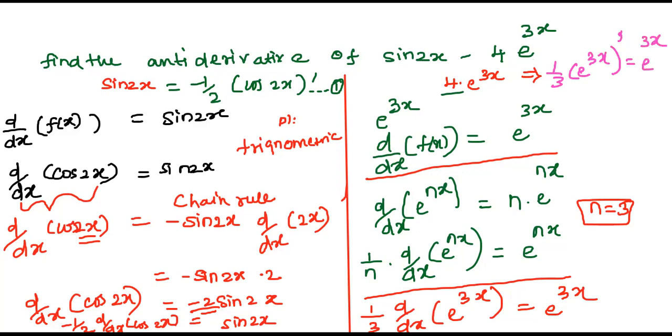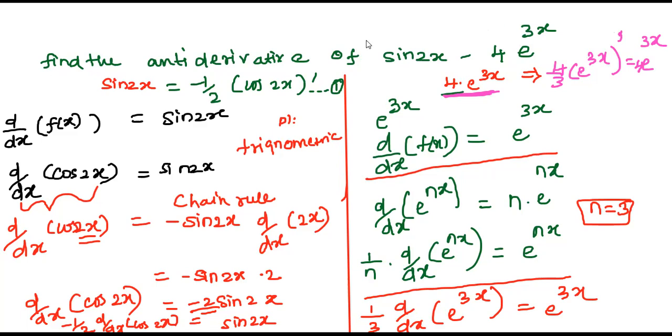The antiderivative of e power 3x is 1 by 3 e raised to the power 3x the whole dash. Okay. And we do have to multiply this by the constant 4. If I'm multiplying over here, I do have to multiply in my left hand side also. So it will become 4 by 3 e raised to the power 3x the whole dash.